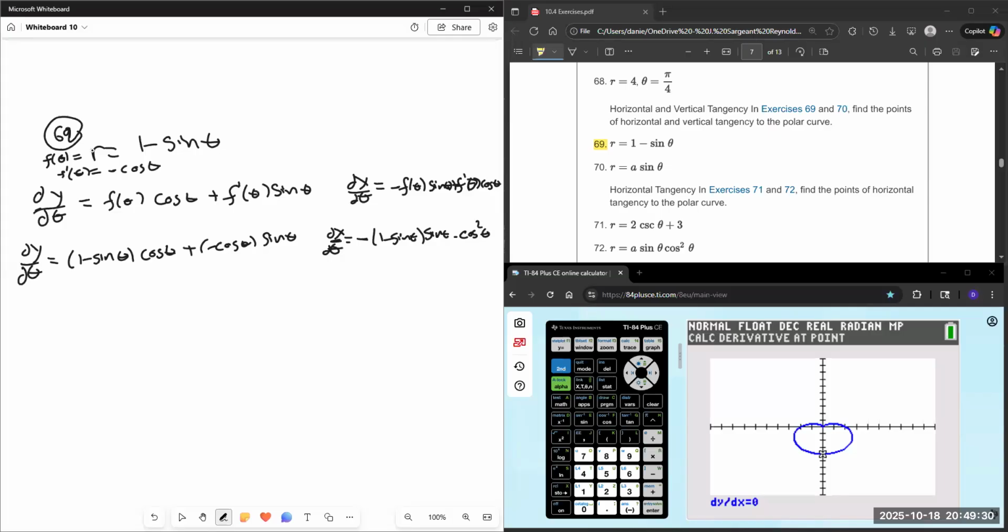So that will be cosine squared. dy/d theta is cosine theta minus sine theta cosine theta minus sine theta cosine theta. dx/d theta is a negative sine theta plus sine squared theta minus cosine squared theta.